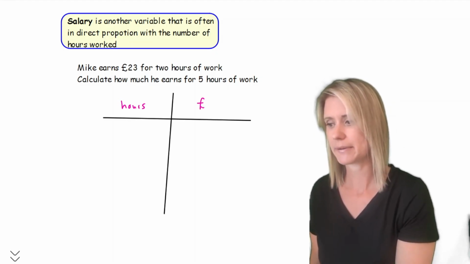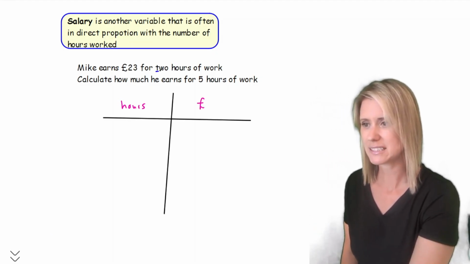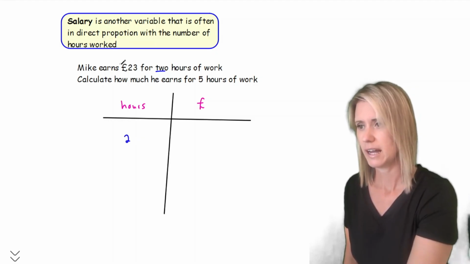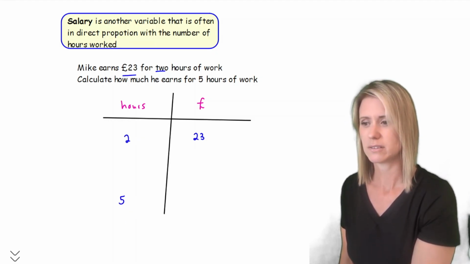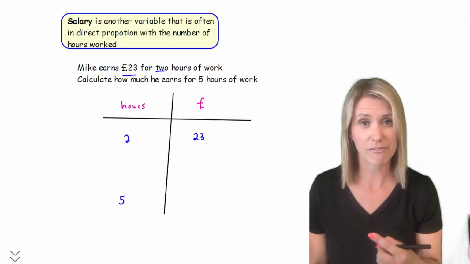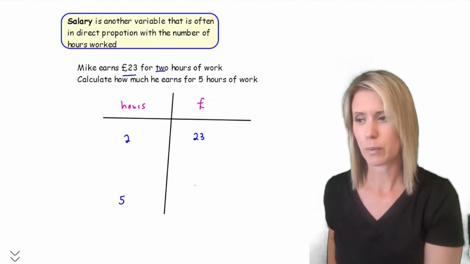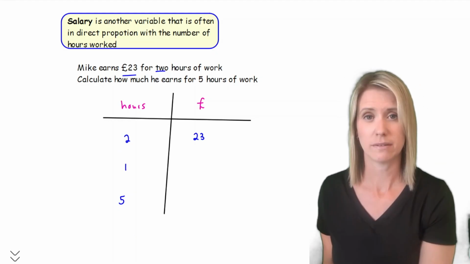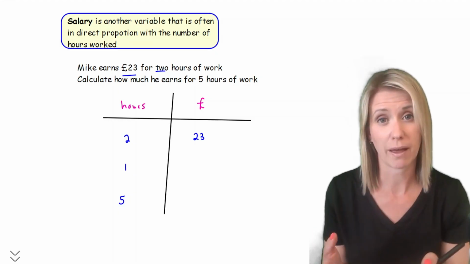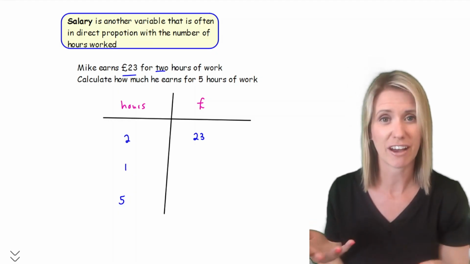I'm just going to put a pound sign for that. So in this case, he's done 2 hours of work and he's got £23. We want to work out how much he would get for 5 hours of work. This is an example where I would work out what 1 hour was, and then I'd multiply it by 5 to work out what 5 hours costs.